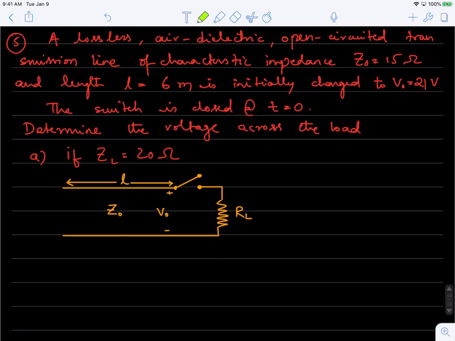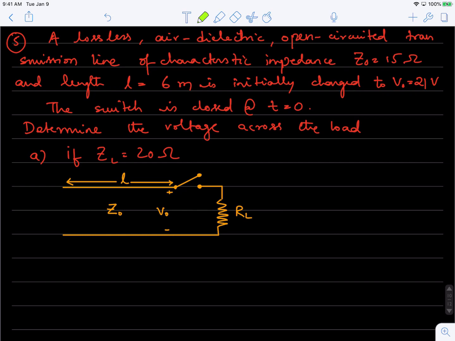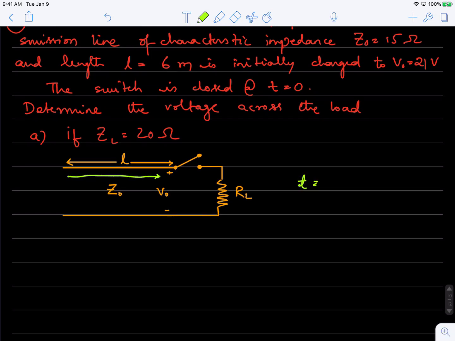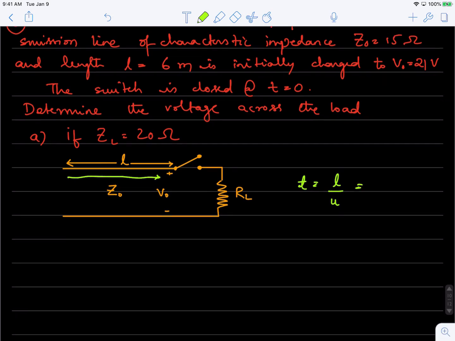Let's first find out how much time it takes for the signal to traverse the transmission line. That time is given by L by u. Now in this problem we are not given the velocity, but since it's an air dielectric line, we assume the wave travels at a speed equal to c.